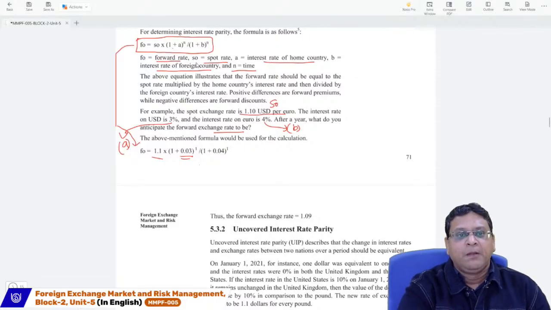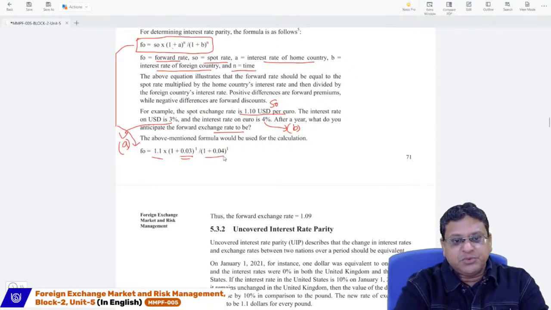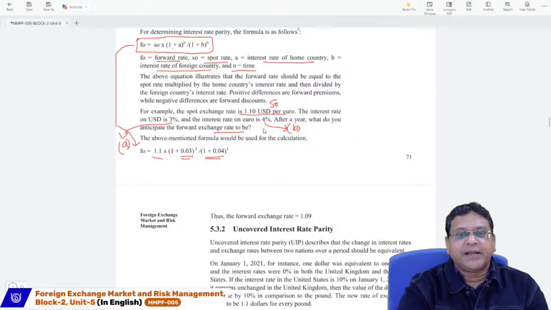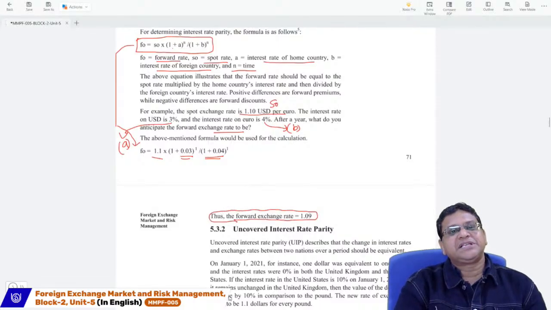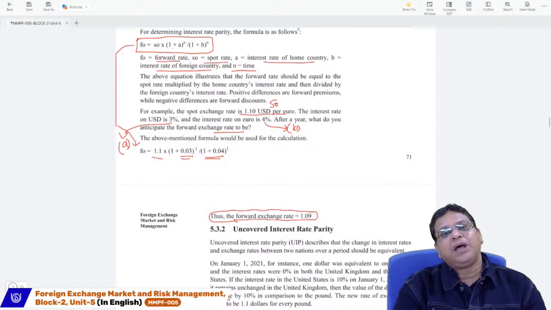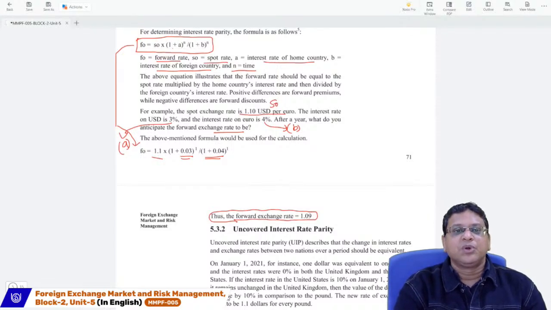Whole divided by (1 plus b) to the power n. B is 4%, which means 0.04, and n is 1. If you calculate, the forward exchange rate will be equal to 1.09. This is the formula used under interest rate parity theory to find out the forward exchange rate of a particular currency.